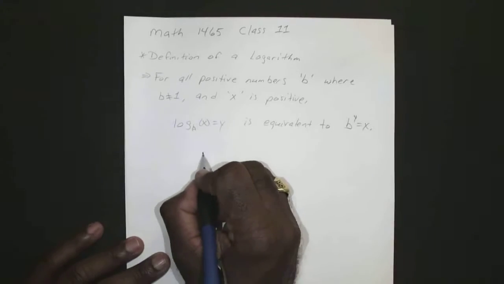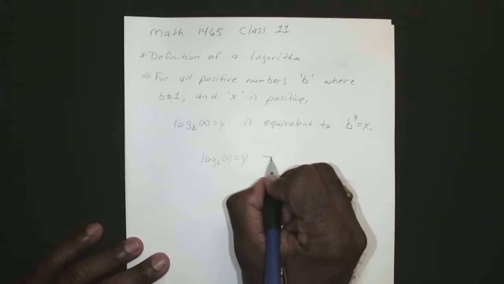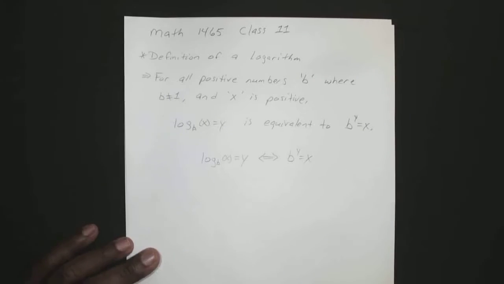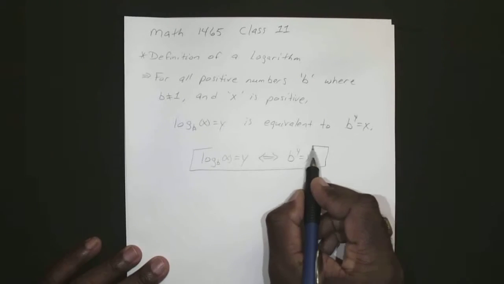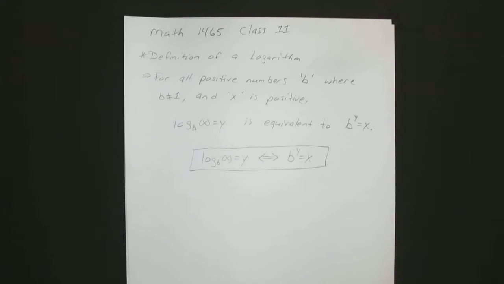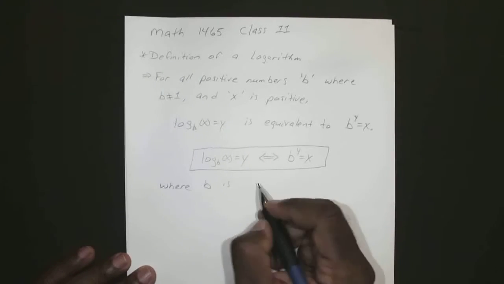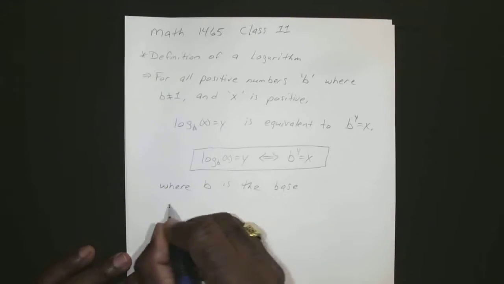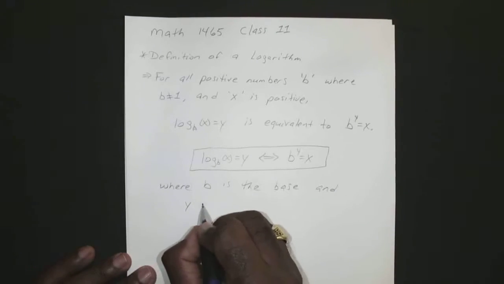Or you can just rewrite it as log base b of x equals y is the same as b to the power of y equals x, where b is the base and y is the exponent.